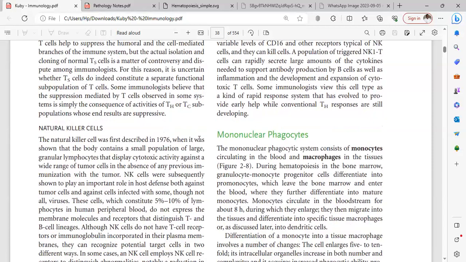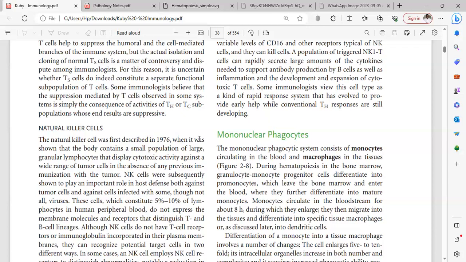Basically, they are large granular lymphocytes which are used to kill tumor cells and virus-infected targets. They do not have membrane receptors for antigen, unlike the T and the B cells, which have membrane receptors for antigen. The natural killer cells don't have antigen receptors, but they have natural killer cell receptors.